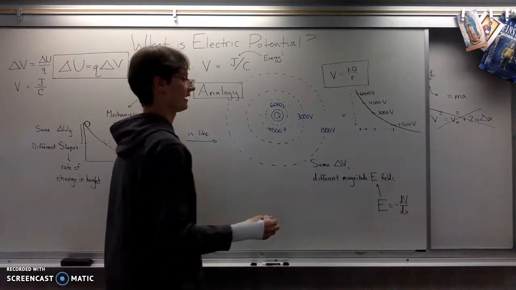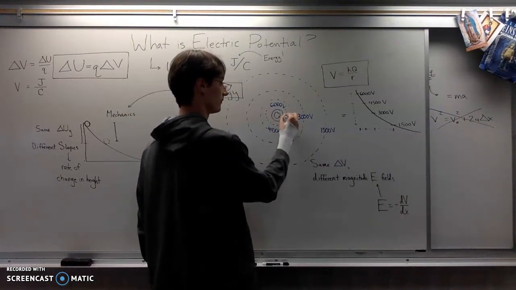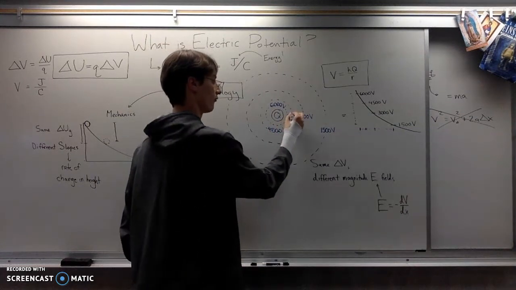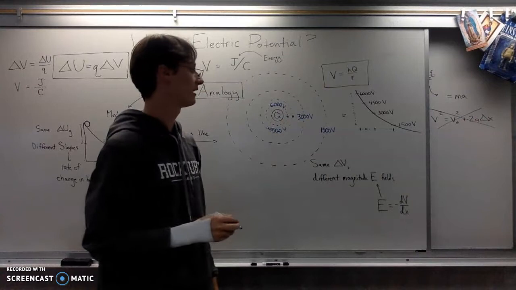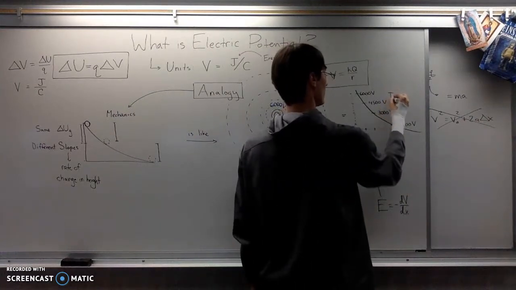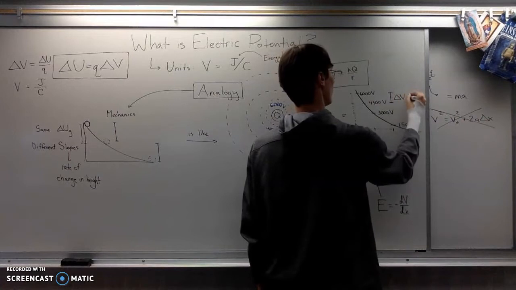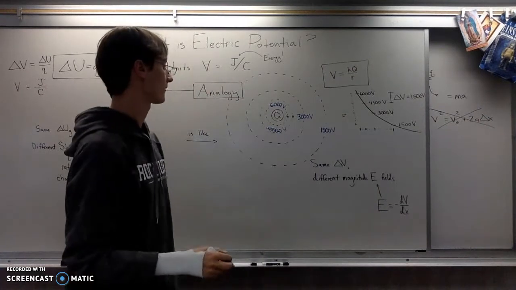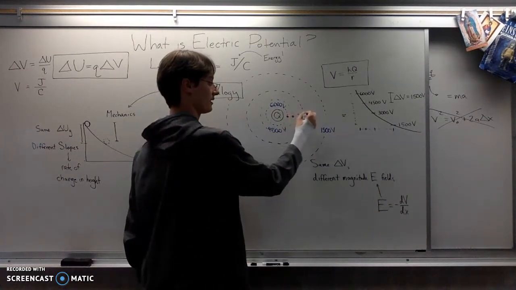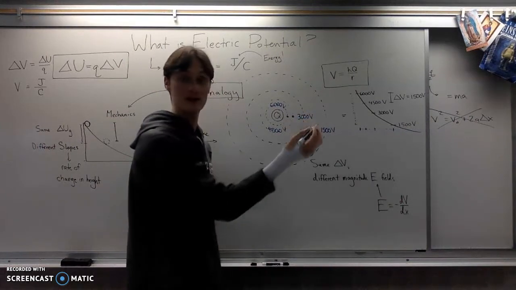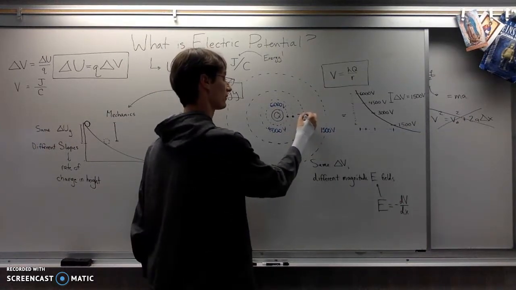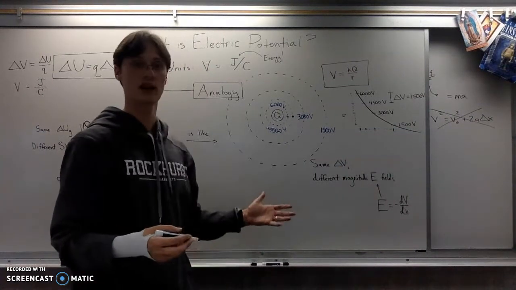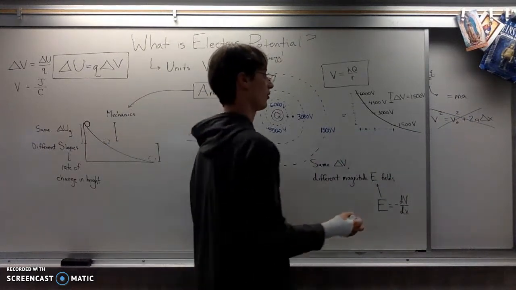Meaning, if I had a charge move from the 6,000 volt line to the 4,500 volt line, that is a change in potential of 1,500 volts. It's the same change in potential going from the 4,500 volt line to the 3,000 volt line, even though it's a greater distance, because it's the same change in volts.